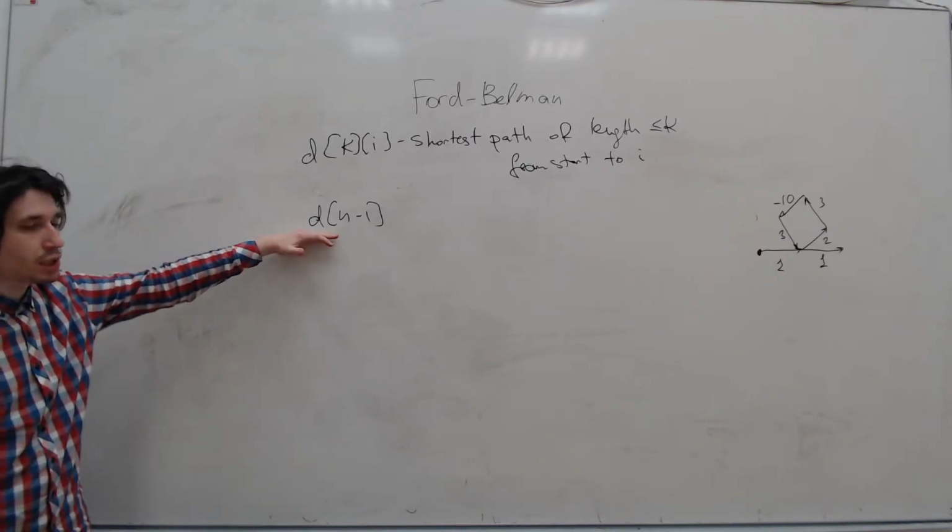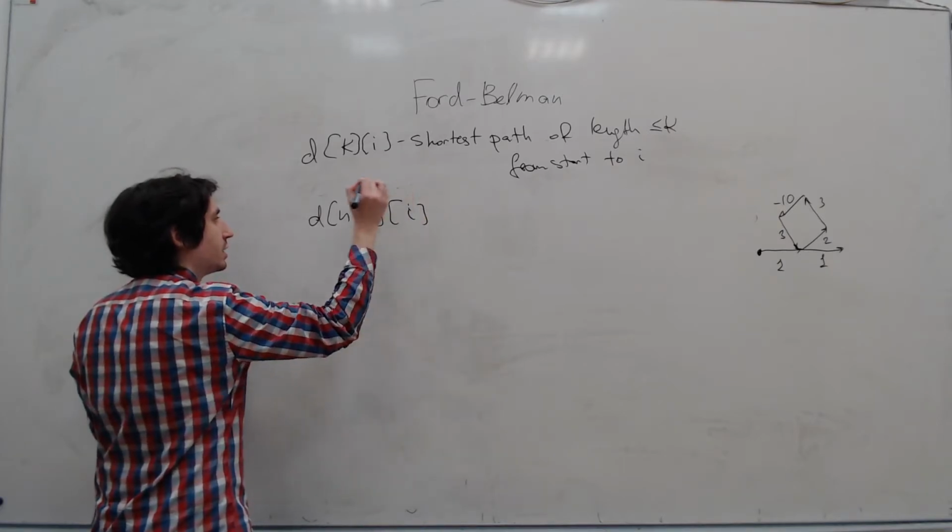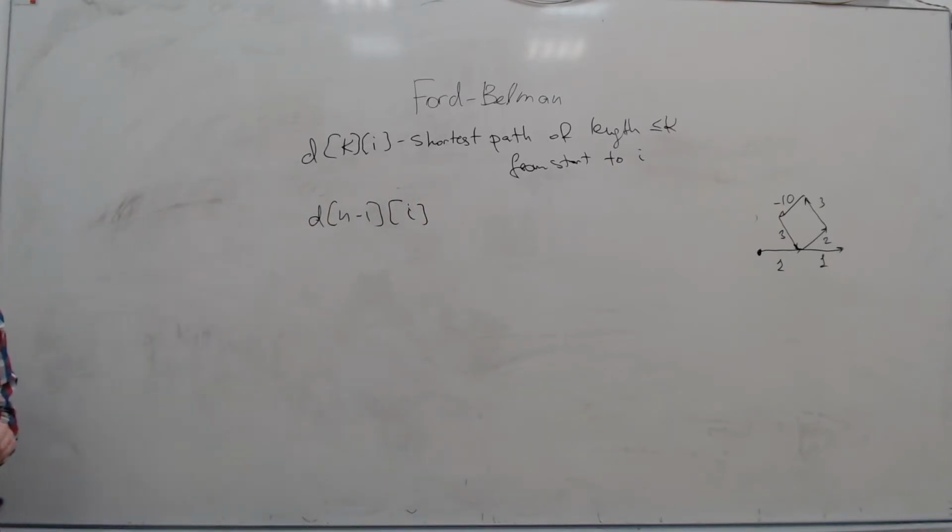So this is where the answers are. So D n minus 1 I is the answer to our problem.